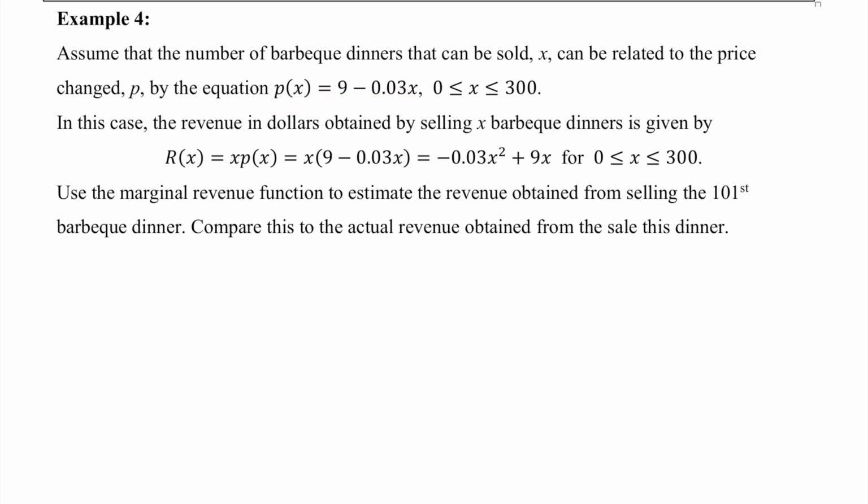So here, X is the number of barbecue dinners sold, and P of X is the price per dinner in dollars. This means the price depends on how many dinners are sold.